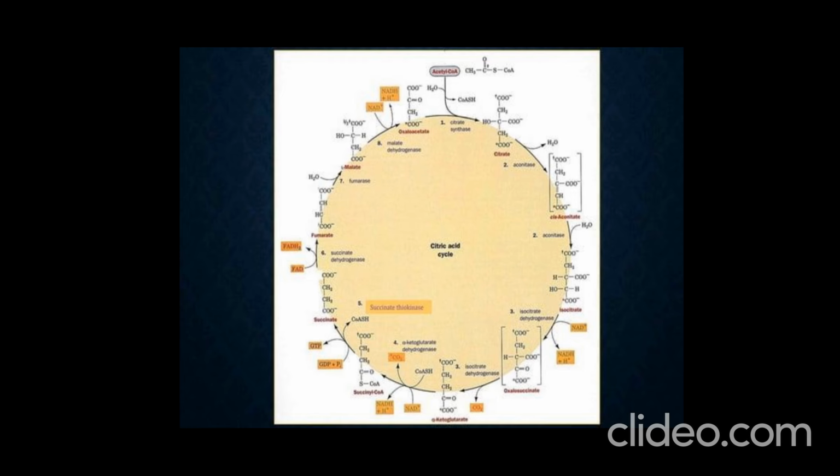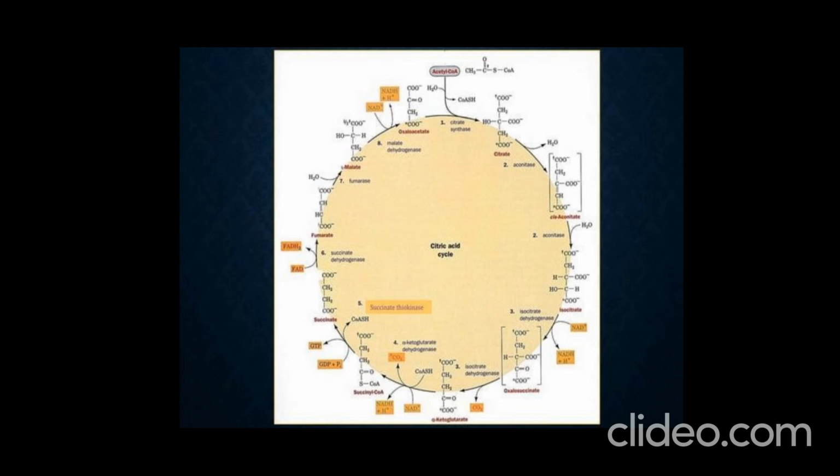Citrate is converted to cis-aconitate with the help of the enzyme aconitase, and cis-aconitate, with the help of the same enzyme aconitase, is converted to isocitrate. Isocitrate dehydrogenase converts isocitrate into oxalosuccinate.